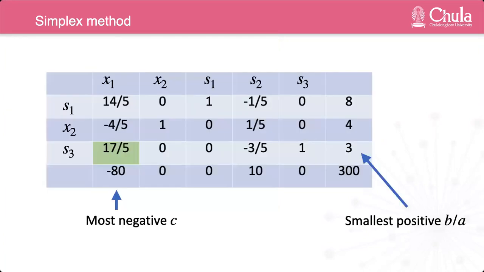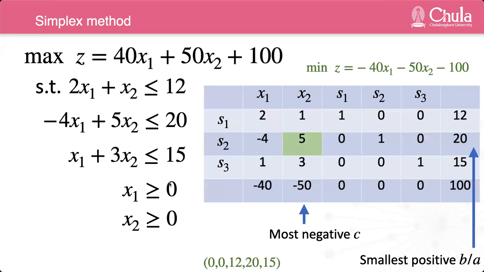So look at the table again. Now we look at the coefficients of the objective function. Now we have minus 80, 0, 0, 10, 0, and 300. You look here, we add S2, right?